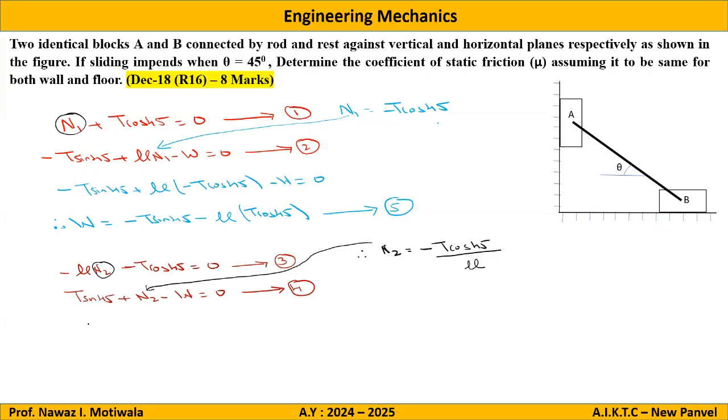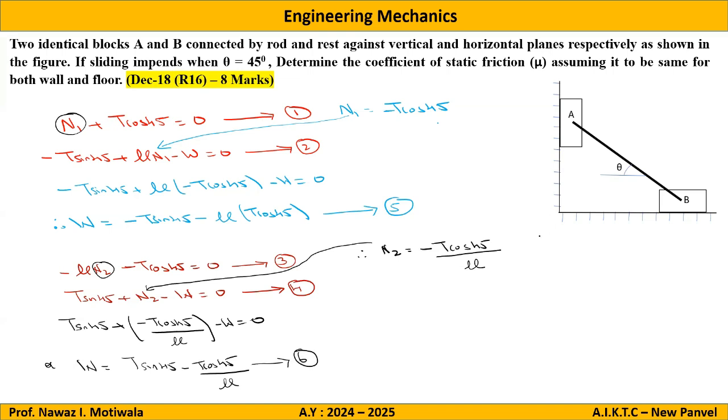So I will get one new equation in terms of W and mu as T sin 45 plus, in place of N2, minus T cos 45 upon mu, minus W is equal to 0. Or I can write W is equal to T sin 45 minus T cos 45 upon mu. Let this be equation number 6.